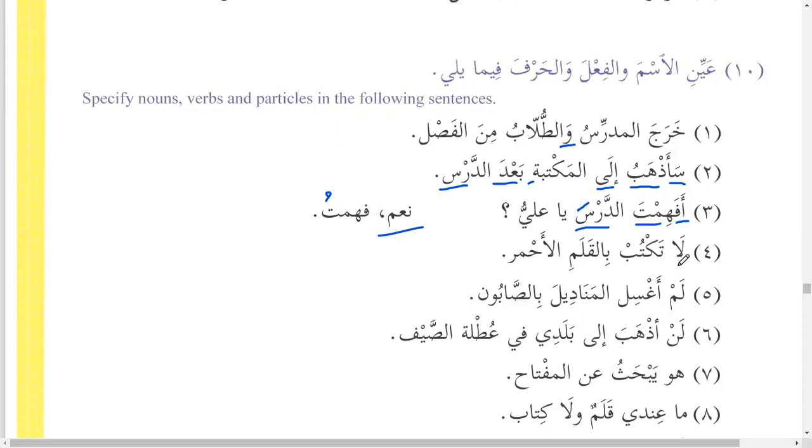Okay, la, what kind of harf is this? La nahiya. La taktub: la is harf nahi, and taktub is fi'l. Ba is harf jar. Bil-qalam: al-qalam is ism. What about al? Al is also a particle.